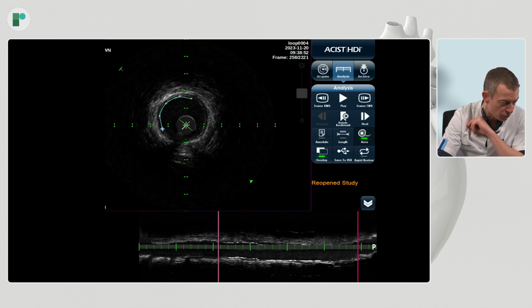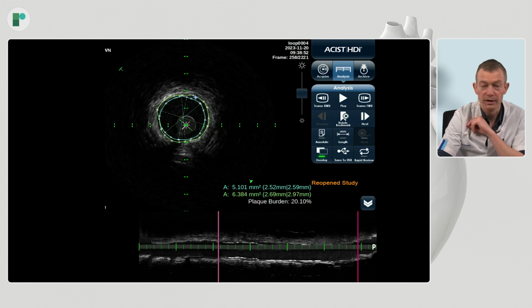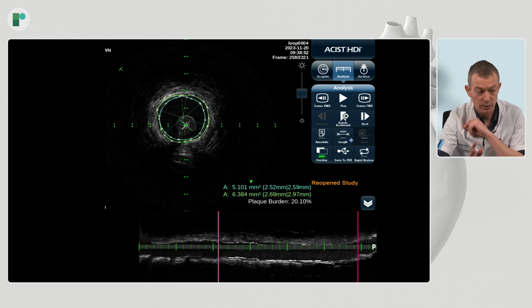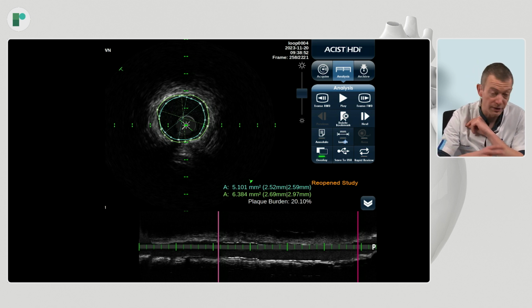But if you want to be sure, you can always measure simply by drawing two contours. So this is just for the sake of demonstration. Area 5.1, you draw a second measurement on the medial border. Plaque burden 20%. So with that, just to demonstrate how you can do it, again, iterations of the technology that are currently being finalized will give this to you automatically.